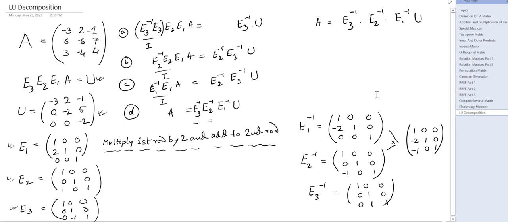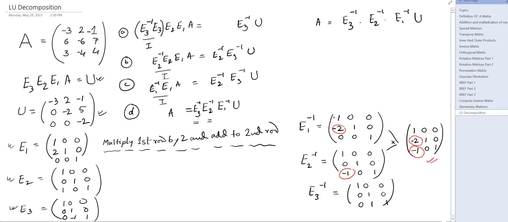If you look properly, this is very interesting. When we multiply two inverse elementary matrices, these values are simply getting added element-wise. This value and this value are getting placed into this position in the identity matrix.